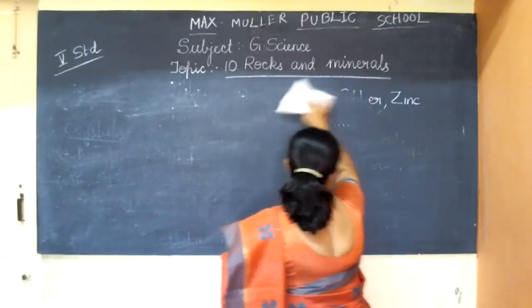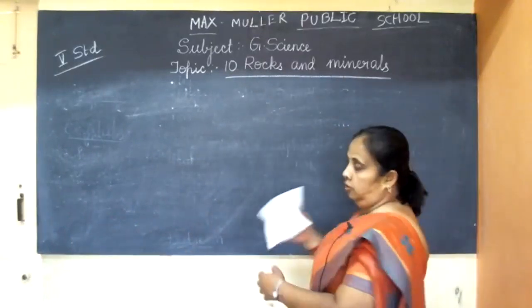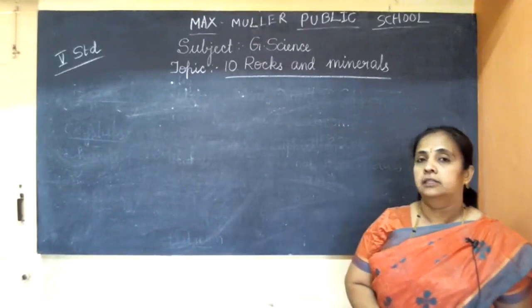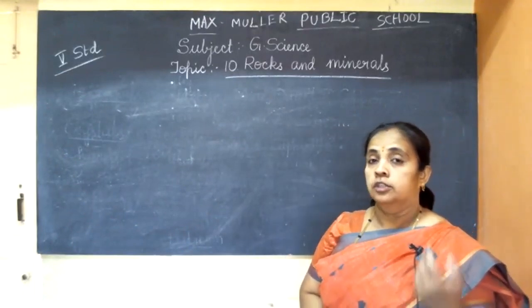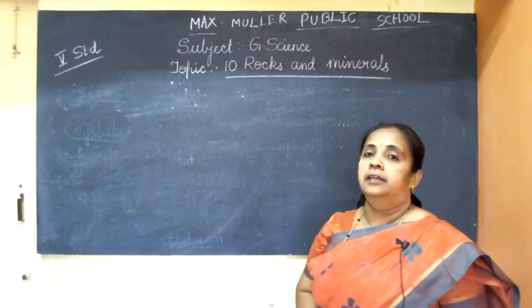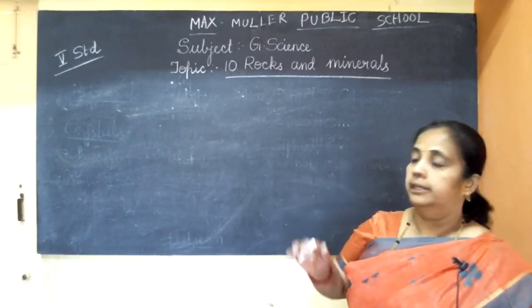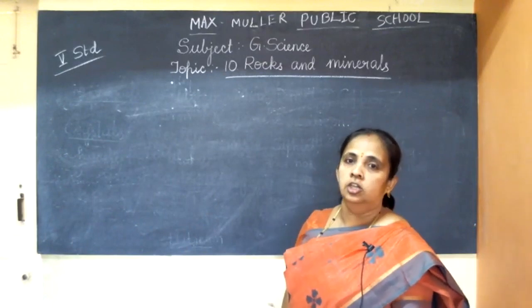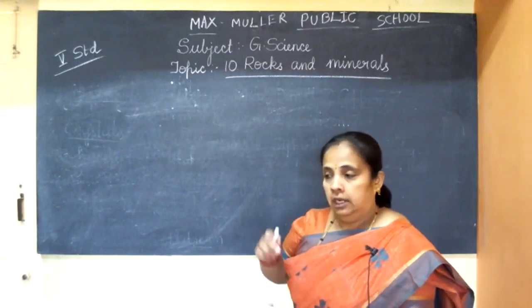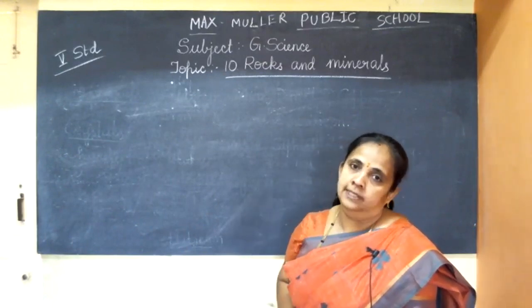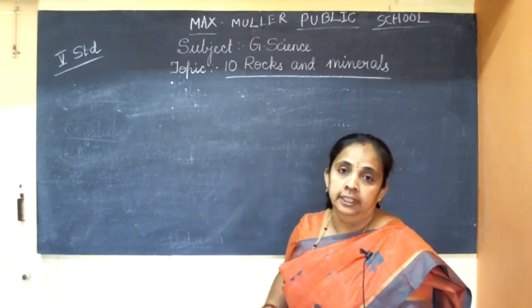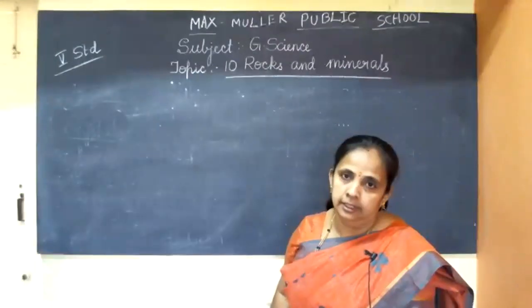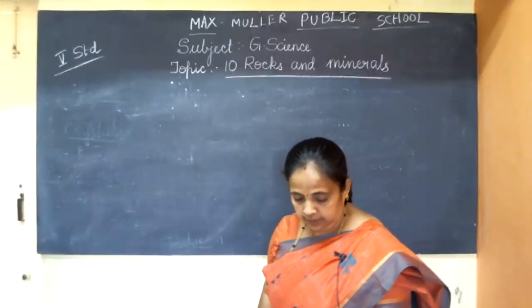When weathering of rocks takes place and smaller particles of the rocks are formed, sand, pebbles, gravel, stones, mud, and when they are carried away by the water bodies, they will get deposited in the water bodies. Is it not? So there, layer upon layer will be deposited, and the oldest layer, because of the heat and the pressure, will form into sedimentary rocks. I explained this, is it not?